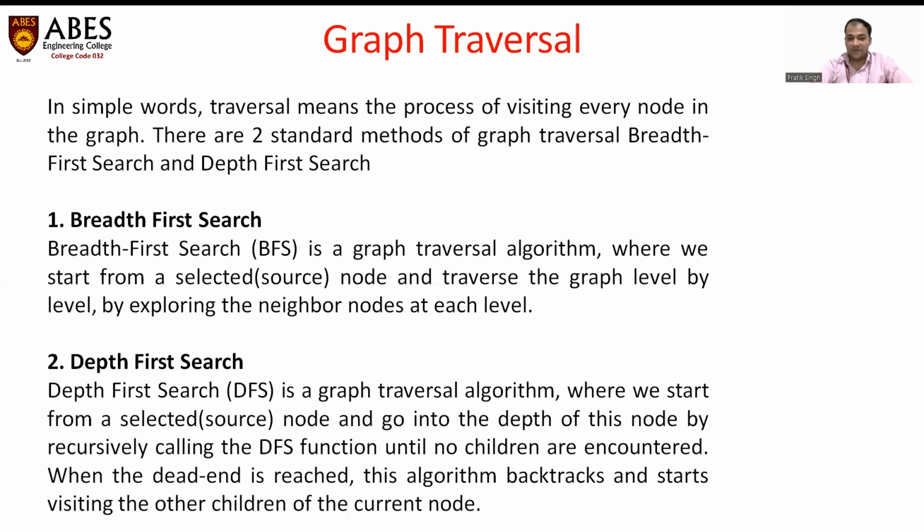But in DFS, we start from a selected source node and go into the depth of this node by recursively calling the DFS function until no children are encountered. When the dead end or the leaf node of a particular path is reached, the algorithm backtracks and starts visiting the other children of the current node.